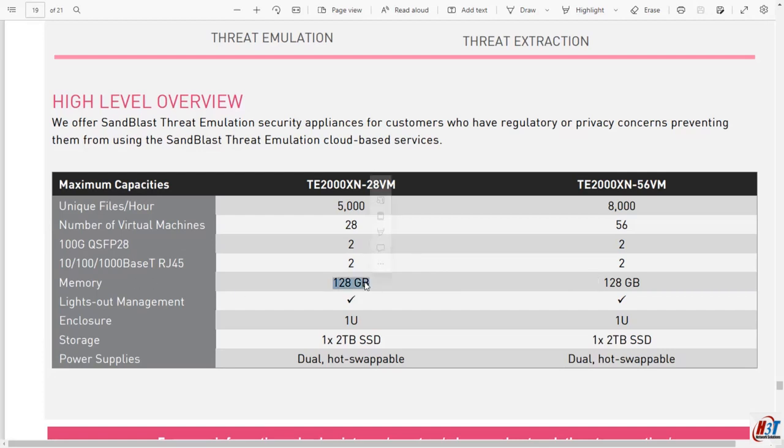Memory is similar, 128 GB on both. LOM, both have the support for that. Enclosure, both are going with 1U. Storage is also again similar, 1 into 2 TB SSD, and RPS is the option on both, which is dual and hot swappable on both.